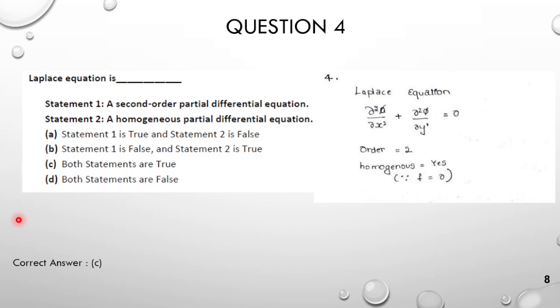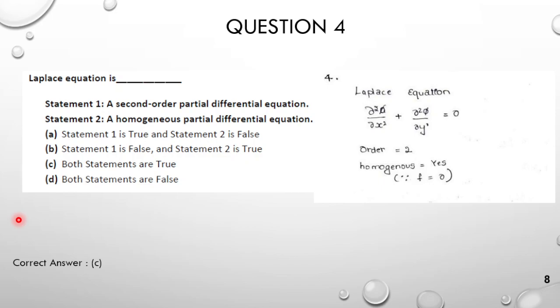Now assume that you have an unsteady state heat conduction with some volumetric heat generation, okay, which depends on the domain length. So in that case, what would be the correct answer?